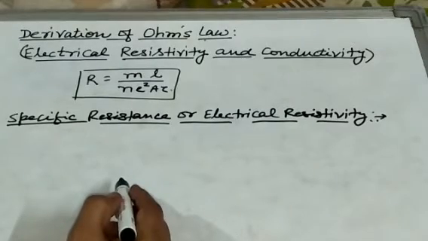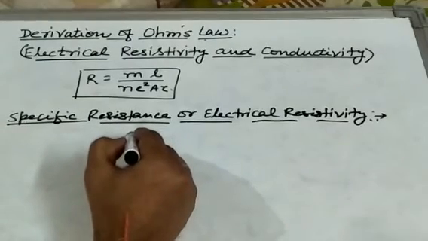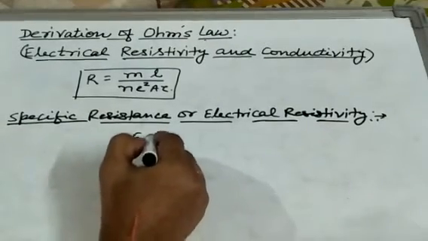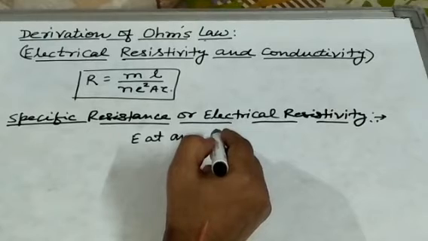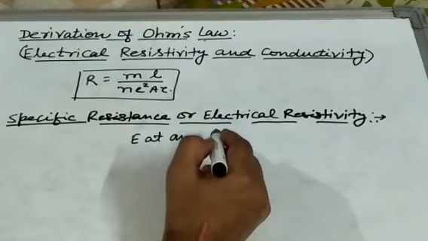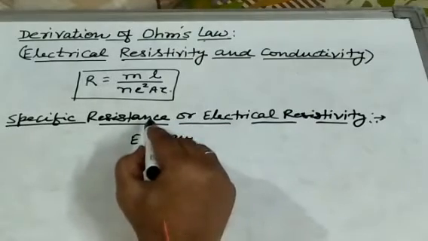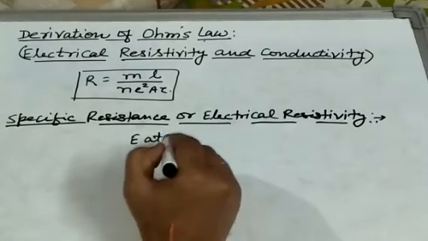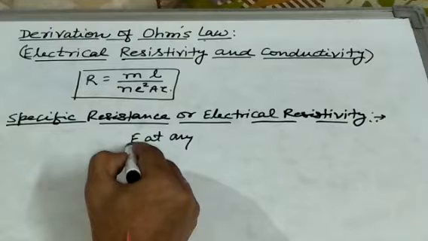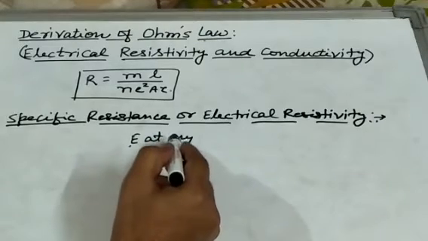And the specific resistance or electrical resistivity is the ratio of the intensity of electric field at any point within the conductor to the current density J at that point.